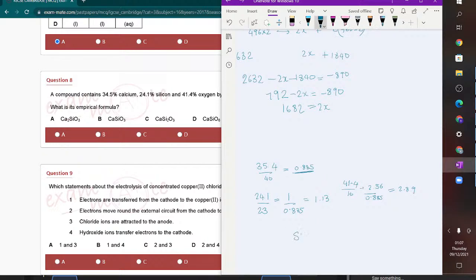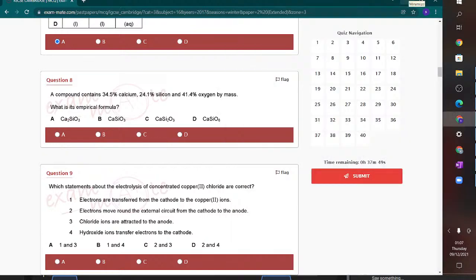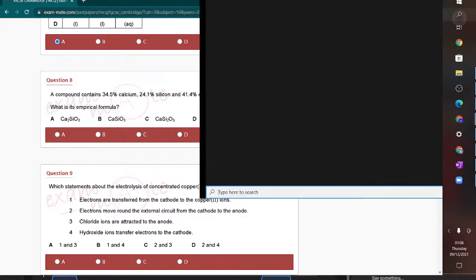So we are getting Ca 0.885, no, that's not Si, that's Ca. Si 1.13 and oxygen 2.89. What can we multiply by to make it sensible? If we multiply by 2, 0.885 into 2 is 1.77. This looks weird. Calcium is 40, right? Let's open the periodic table.